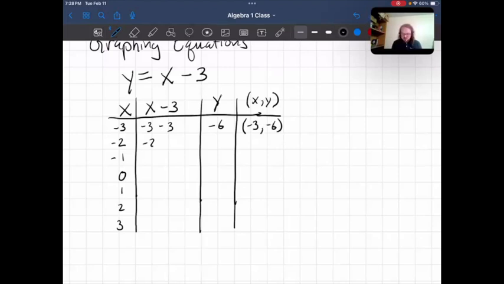And I can do the same here. Minus 2, minus 3, negative 5. So there's another point. Negative 1, minus 3. And hopefully we're seeing a pattern here as well. 0, minus 3, minus 3.